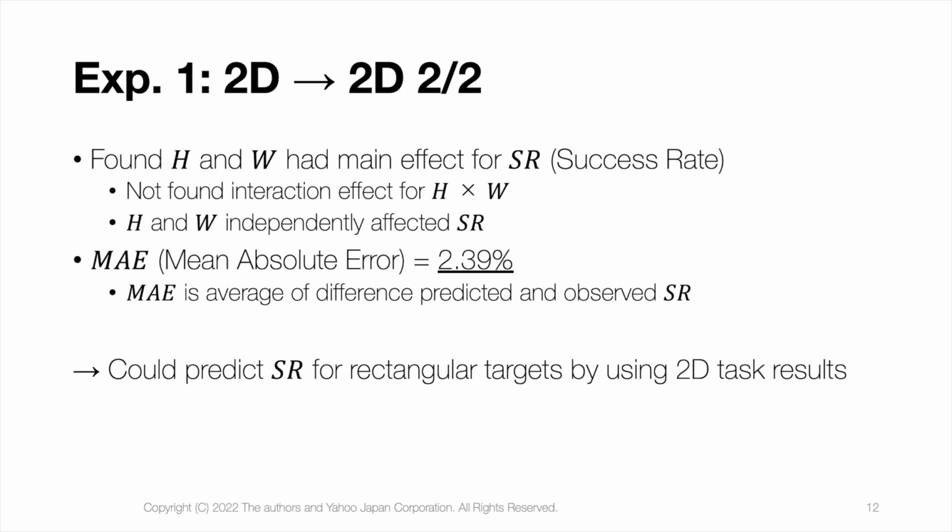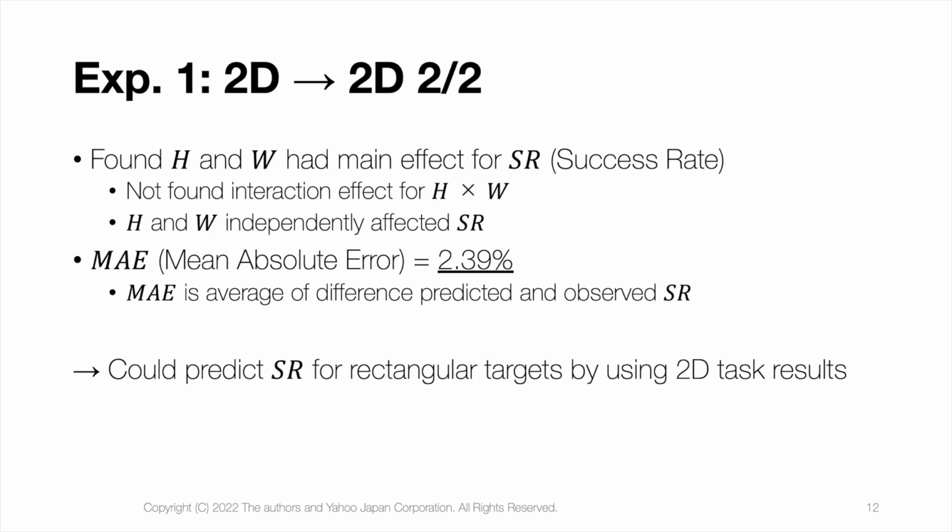So, the height and width independently affected the success rate. The mean absolute error was 2.39. The mean absolute error is the average of the difference between the predicted and observed success rates.